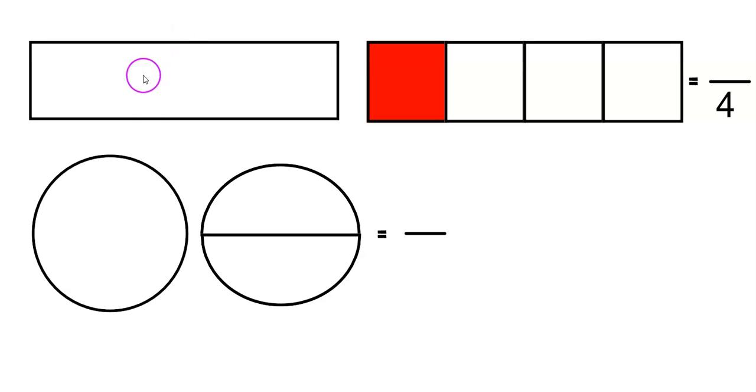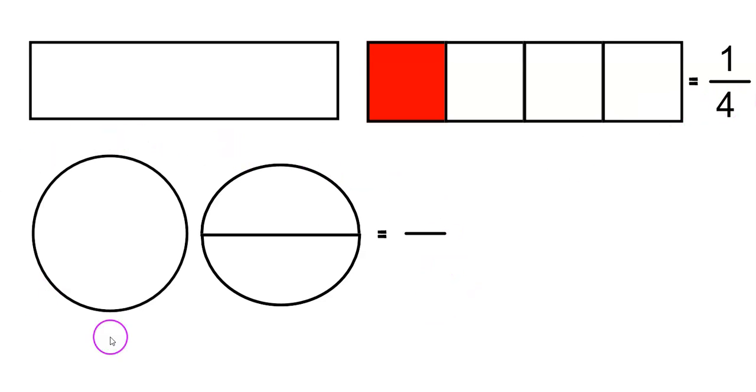So looking at this picture, I can see that 1 out of 4 are shaded in red. So 1 is going to be my numerator. So the fraction that I would write to show what this rectangle shows would be 1/4.